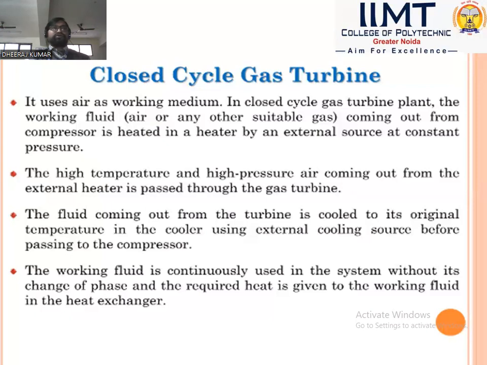The fluid coming out from the turbine is cooled to its original temperature in the cooler using an external cooling source before passing to the compressor. The working fluid is continuously used in the system without changing phase, and the required heat is given to the working fluid in the heat exchanger.